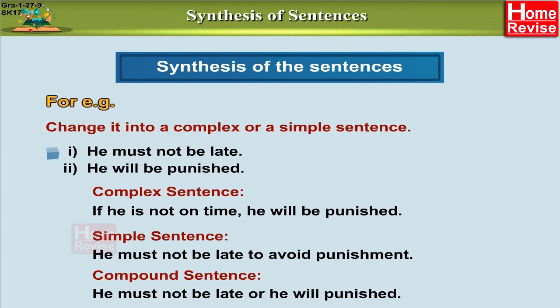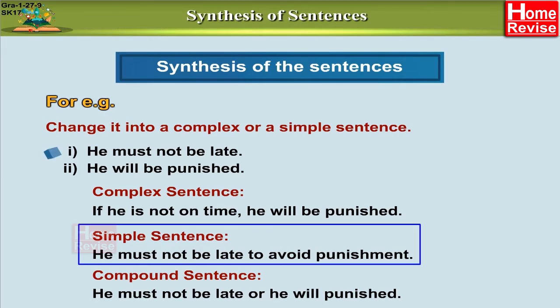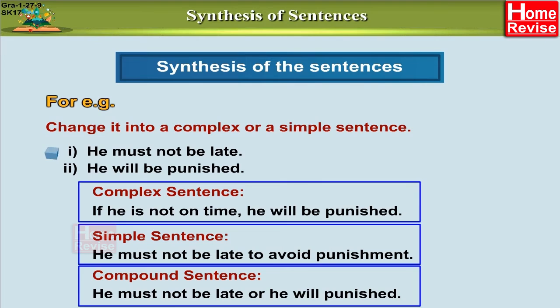Something like this. He must not be late or he will be punished. So what we have done? We have combined two simple sentences to form a simple sentence, a compound sentence, and a complex sentence. This is called as synthesis of sentences.